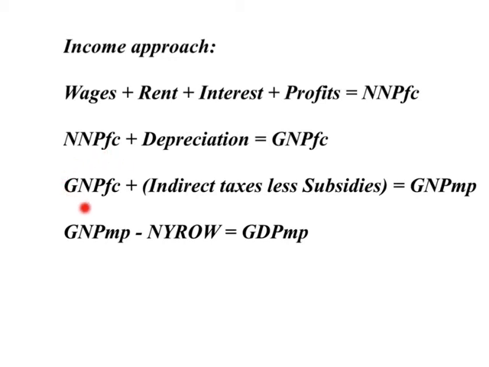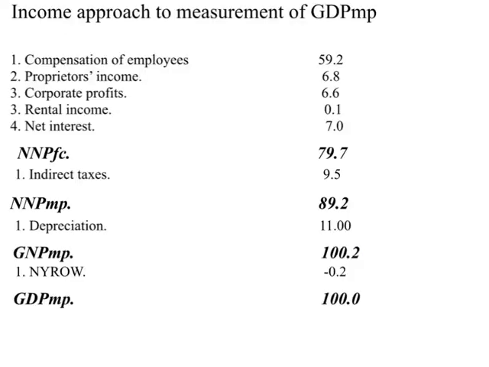So to GNPFC, you add indirect taxes less subsidies, and what this will give you is gross national product at market price, or GNPmp. Now from GNPmp, you remove net income from rest of the world, or NERO, and what you get is GDPmp.